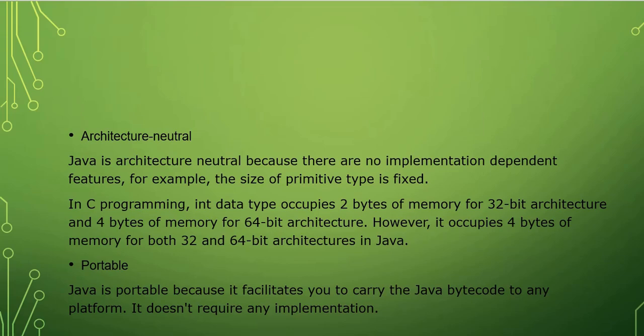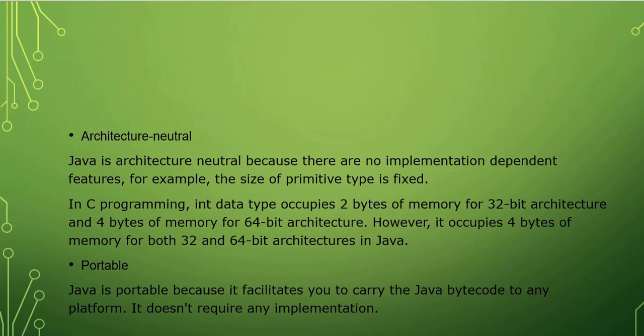Next feature is architecture neutral. What is it? Architecture neutral means there are no implementation dependent features. For example, the size of primitive type is fixed. Okay, in C programming language, integer data type occupies 2 bytes of memory for 32-bit architecture and 4 bytes of memory for 64-bit architecture.